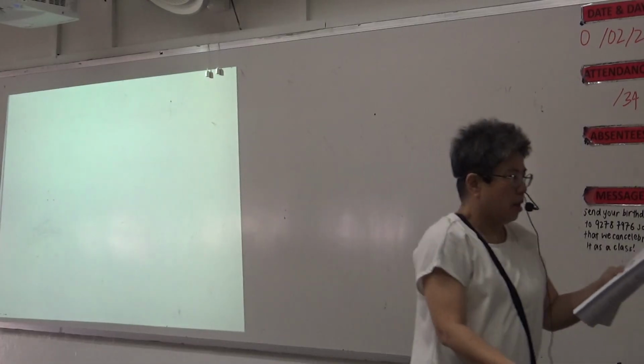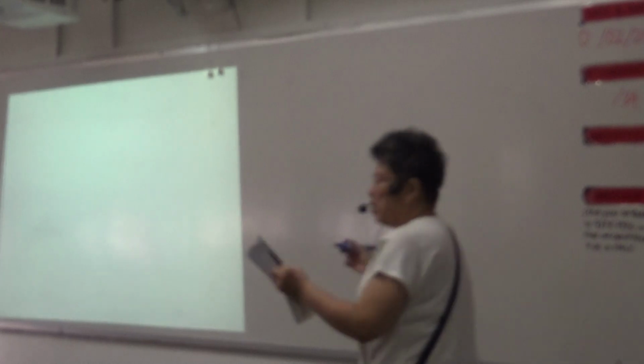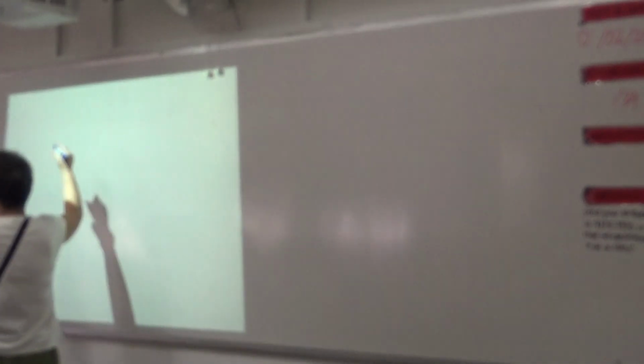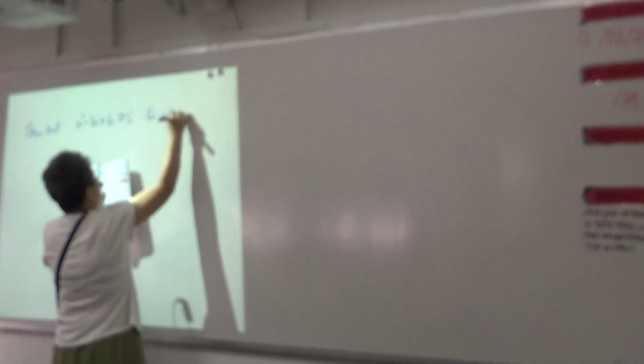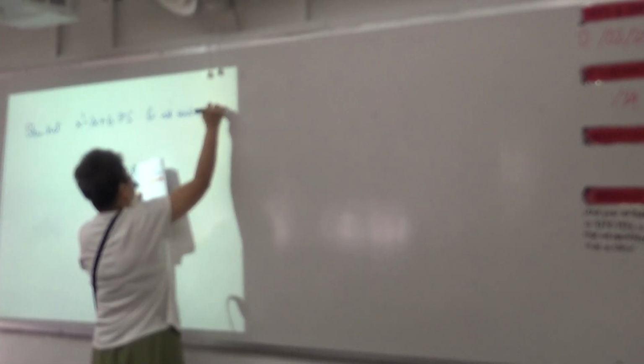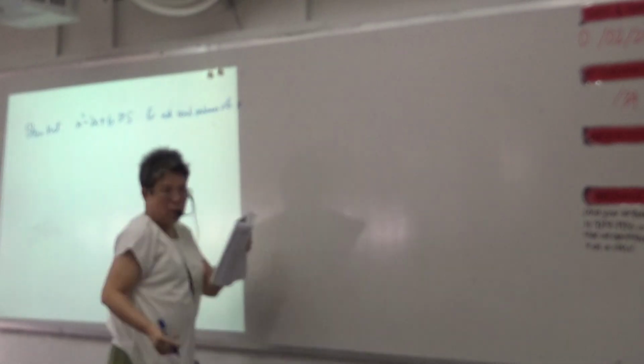Okay, let's look at example 4. I want to write the whole thing out. Show that x squared minus 2x plus 6 is bigger than or equal to 5 for all real values of x.